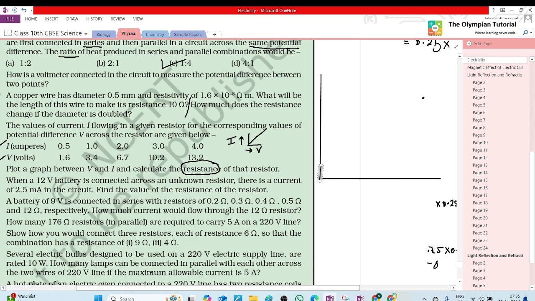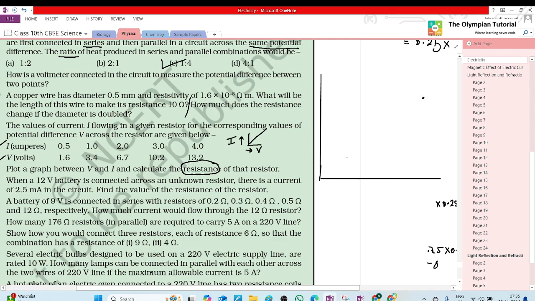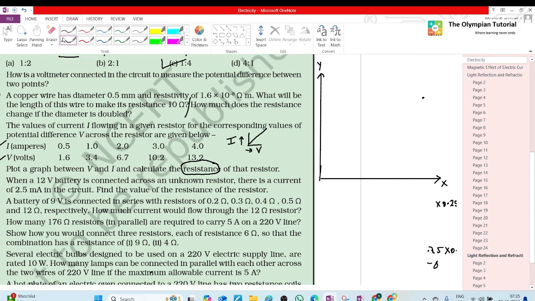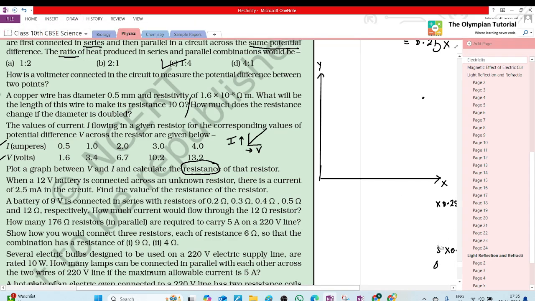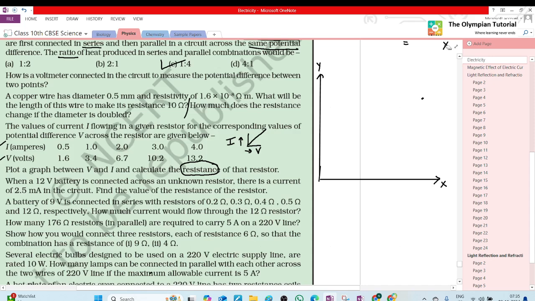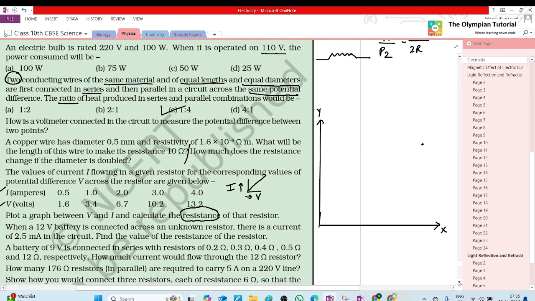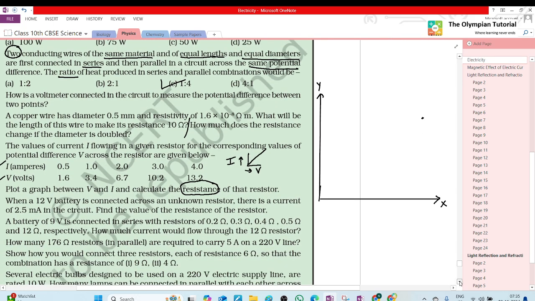You know that we take x-axis and y-axis while plotting a graph. X-axis is horizontal, y-axis is vertical. On the x-axis we take the physical quantity which is independent. Potential difference is independent and current is directly proportional to potential difference.